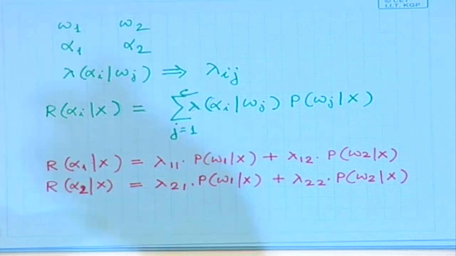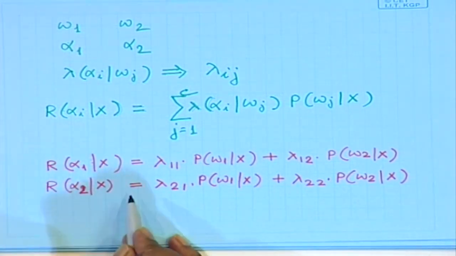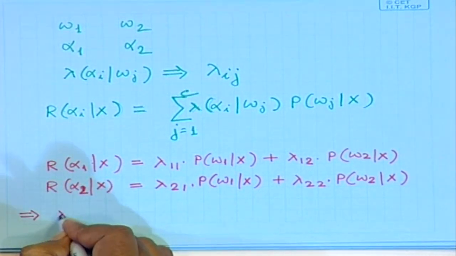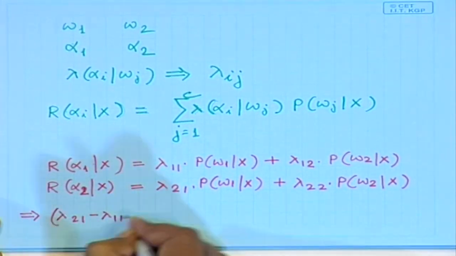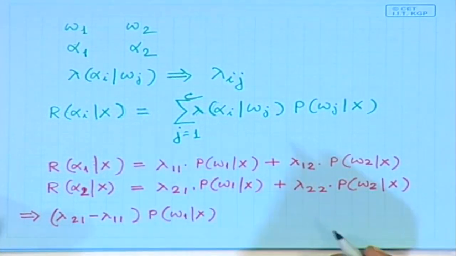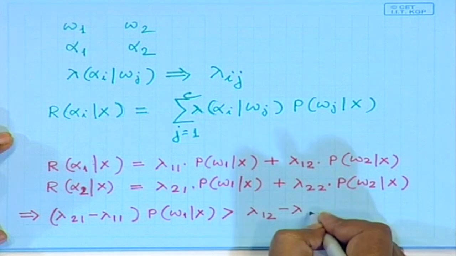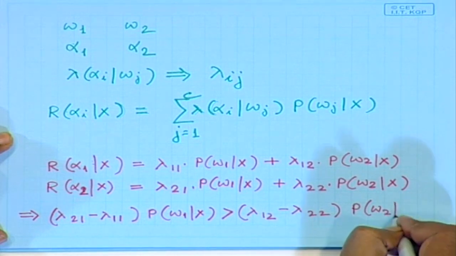So, under that condition, for deciding in favor of class omega 1 or for taking an action alpha 1, where r of alpha 1 given x will be less than r of alpha 2 given x, you can find that this leads to a condition that lambda 2 1 minus lambda 1 1 into p of omega 1 given x has to be greater than lambda 1 2 minus lambda 2 2 into p of omega 2 given x.